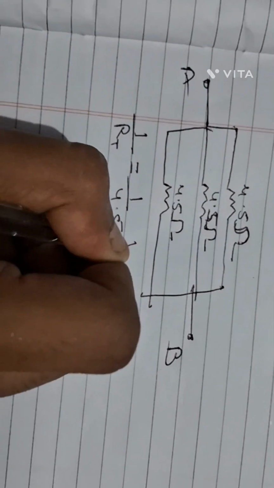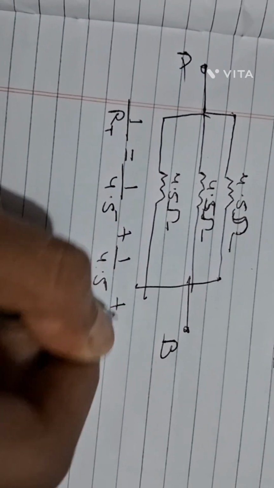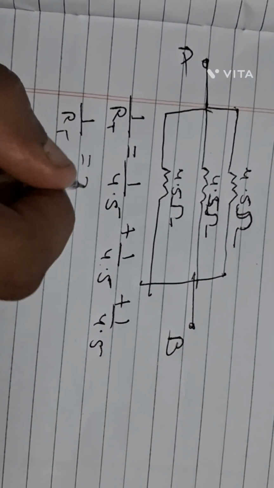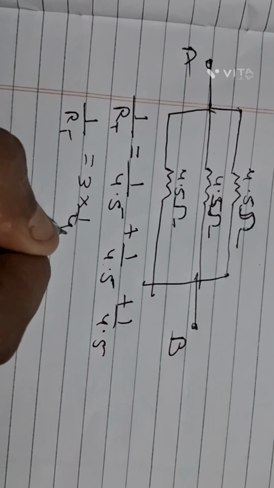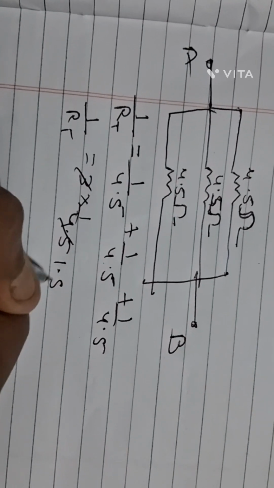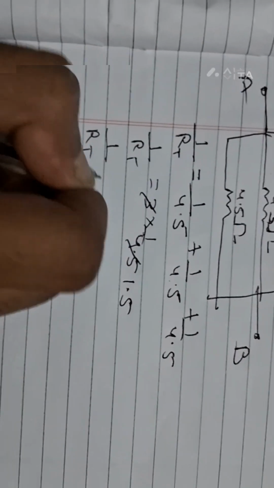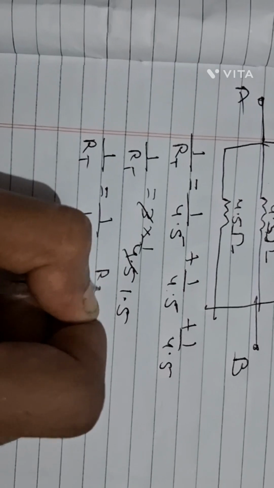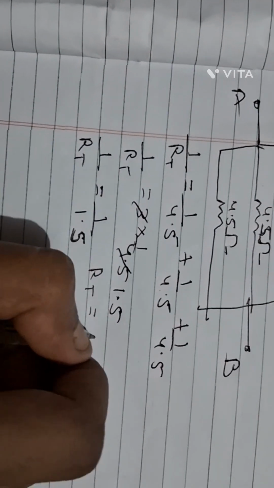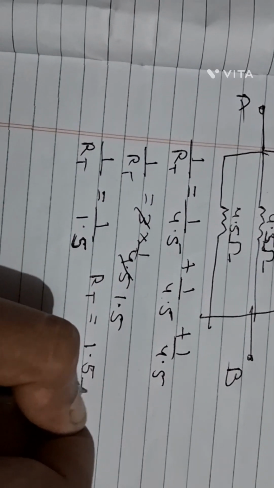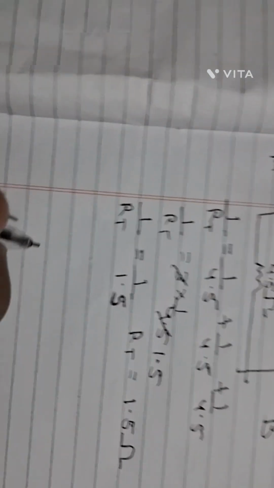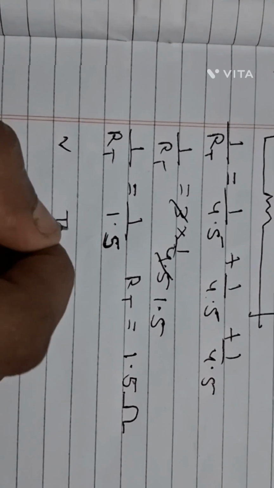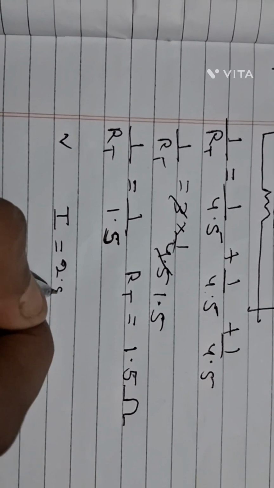1 by 4.5 plus 1 by 4.5 plus 1 by 4.5. Can we write it as 3 into 1 by 4.5? That is 1 by 1.5. So 1 by R total is 1 by 1.5, and reciprocating on both sides, R total is 1.5 ohm. Understood? Now the second part says to find V, where they have given I as 2.0 ampere.